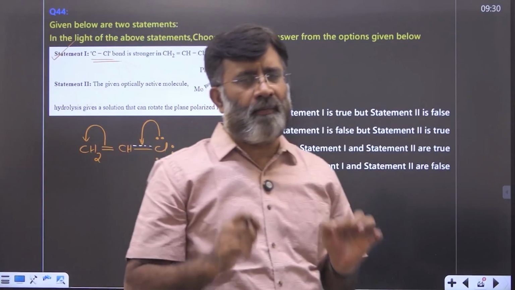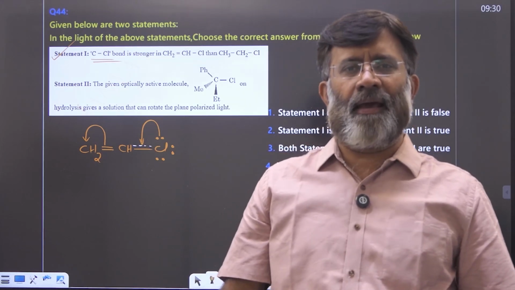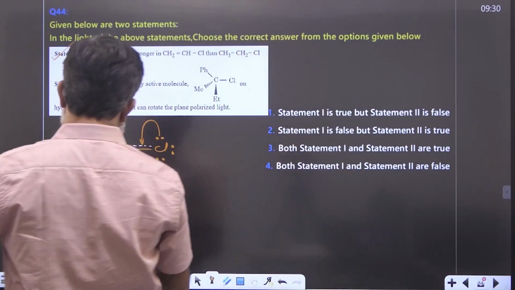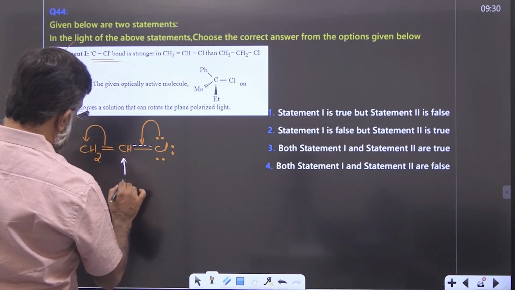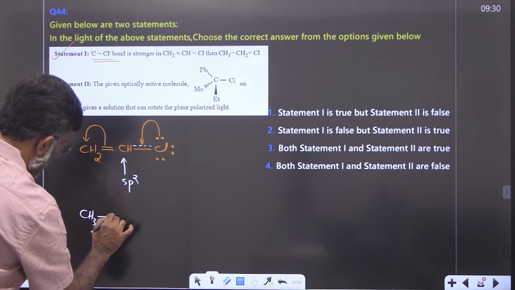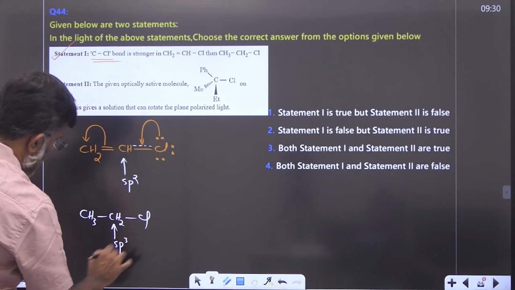Vinyl halides involve the mesomeric effect. Number 1. Number 2, this is sp2 carbon. On the other side, that is sp3 carbon, and sp3 carbon is less electronegative.